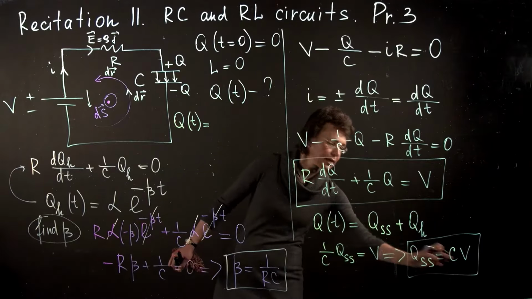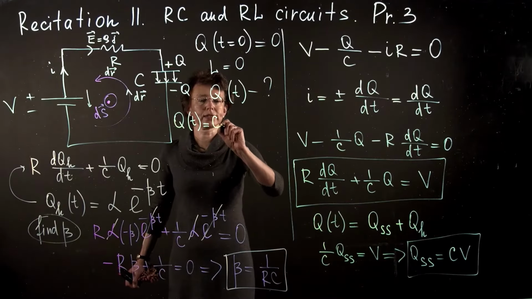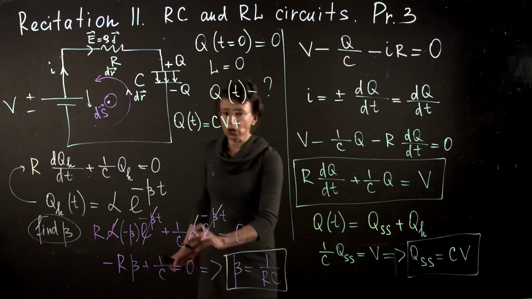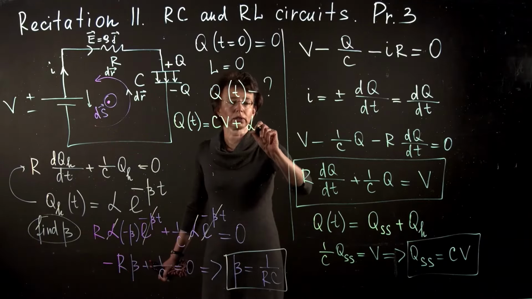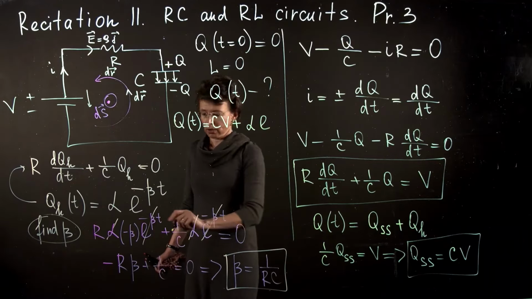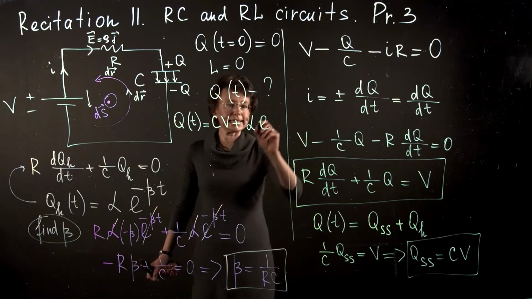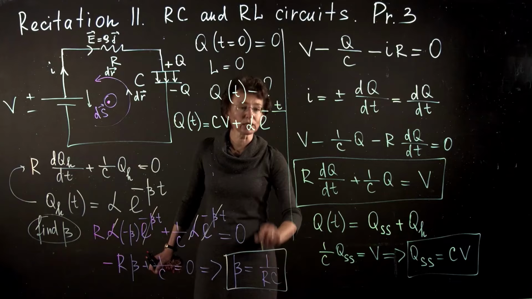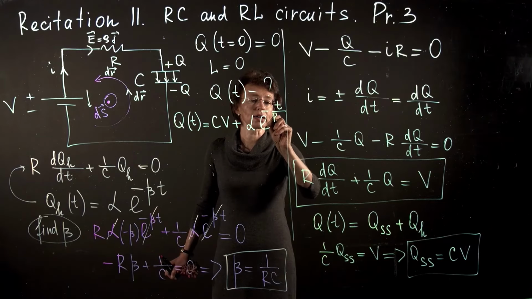Steady state is CV plus q homogeneous, which is alpha e to minus beta t, and beta is 1 over rc.